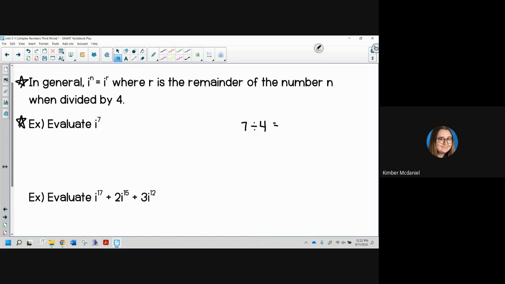Okay. So I want you to type 7 divided by 4. You are going to click math, and you are going to go over to the tab that says FRAC. That means fraction. You are going to go down to option number 4.